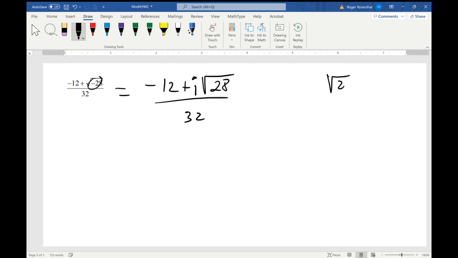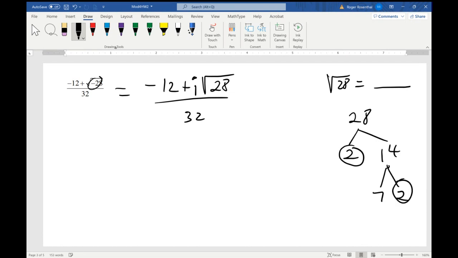Now, I need to simplify the square root of 28. That's a factor tree. You can do it another way, but the most common way students look at it is a factor tree. 28, that is 2 times 14. 14, that is 7 times 2. So the factor tree method tells me I'm going to take the common 2 and put that in front. I'll take the remaining 7 and put that on the inside. And so that is -12 plus i times 2 square root of 7.